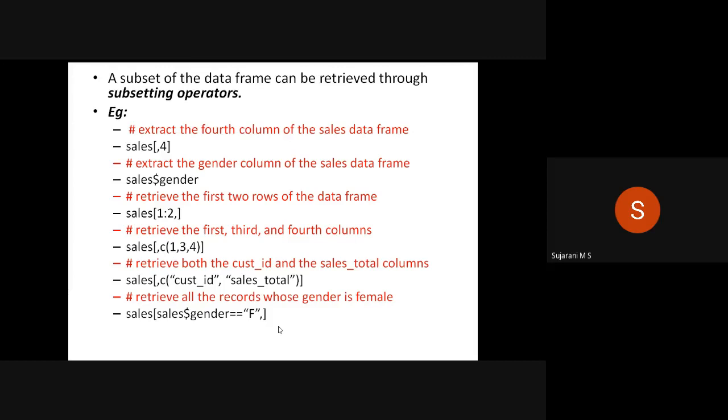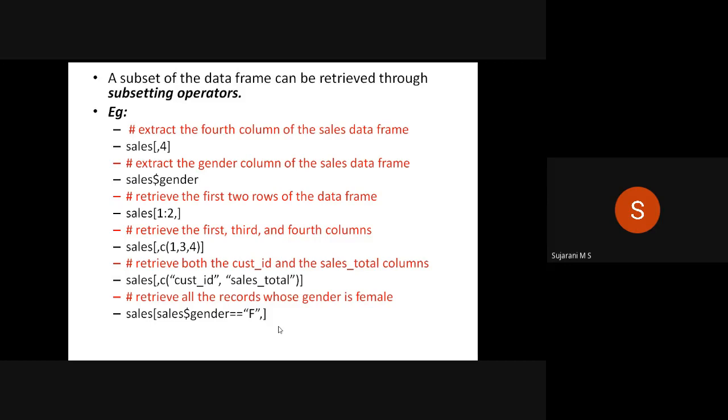Put a comma and specify the column number only. Here we don't specify the row because we want to extract only the 4th column, so the row number is left vacant, then a comma and the column number.